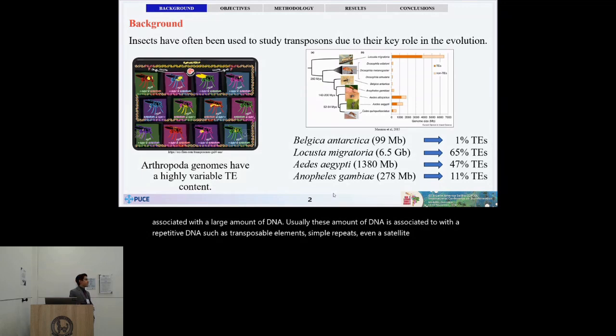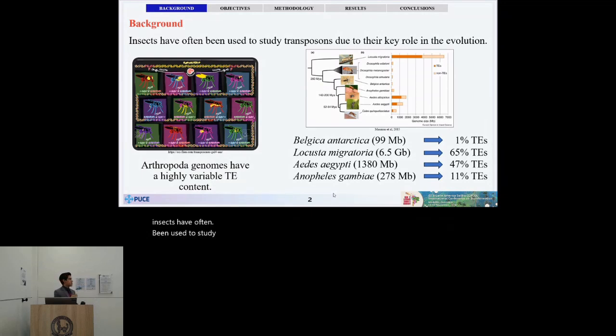Insects have often been used to study transposable elements because these sequences have an impact and a key role in their evolution. Inside the arthropod genomes, all the species that belong to this classification have a highly variable TE content.